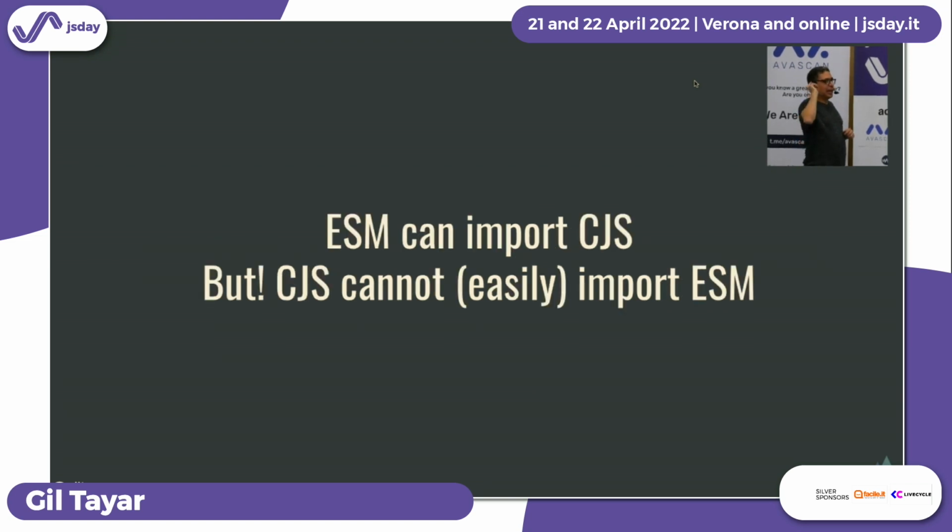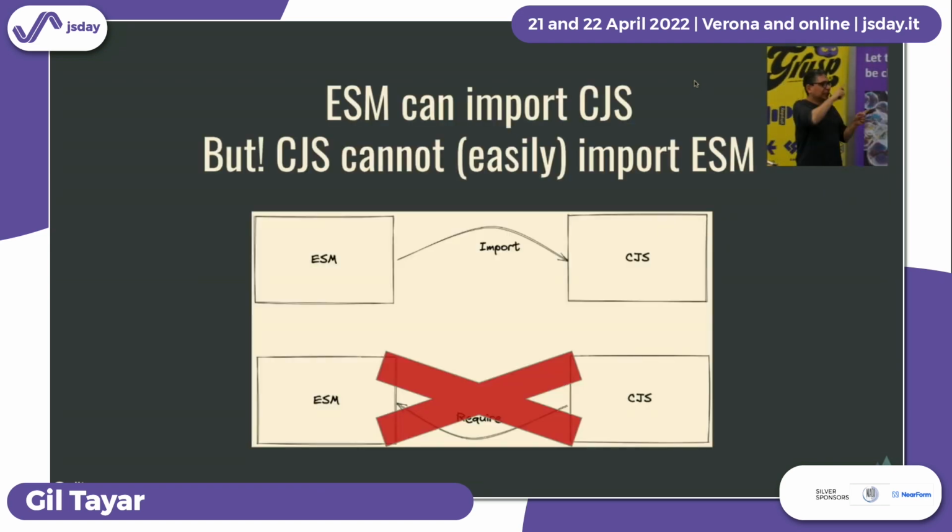And as I said, ESM can import CommonJS. So if I have a CommonJS module, in ESM I can import it. But CommonJS cannot import ESM. So ESM can import a CJS file. If I have an ESM file and a CJS file, I can import, no problem. I cannot do the other way around.